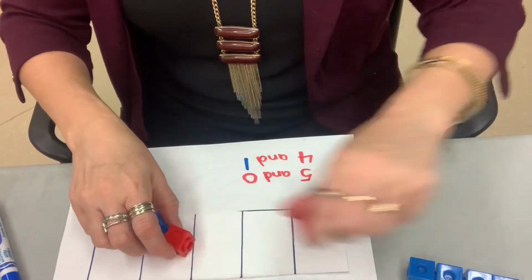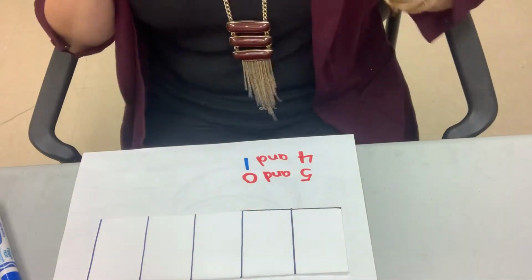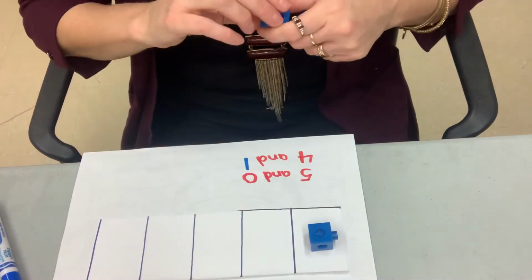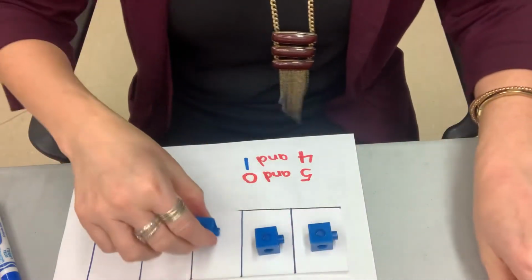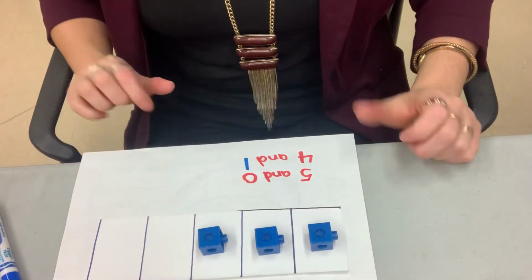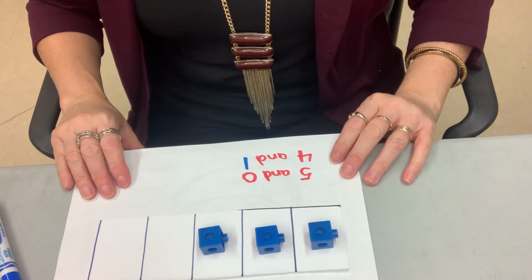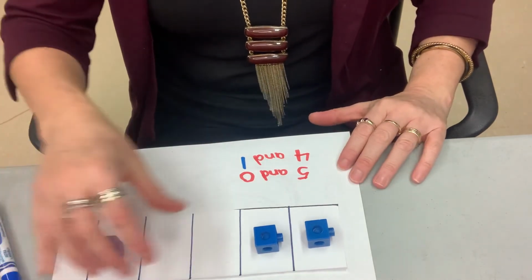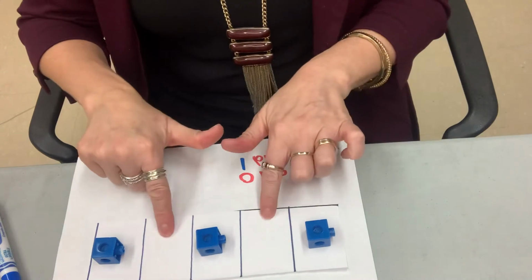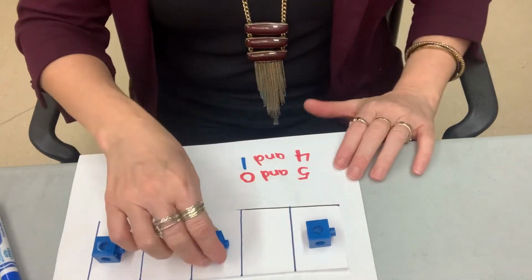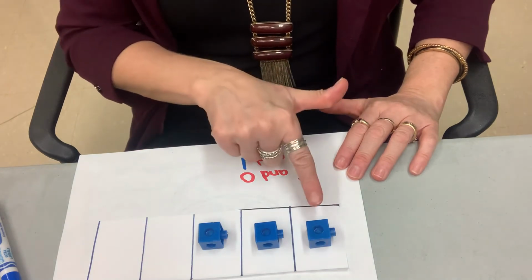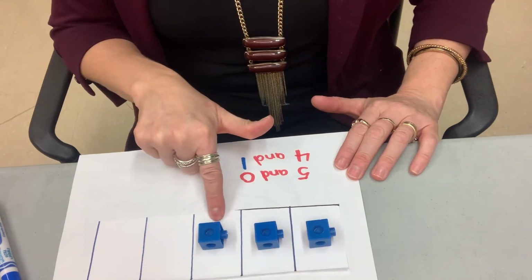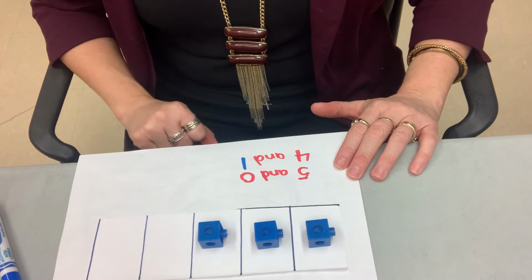So I'm going to use the blue cubes and I'm going to put on 3 blue cubes. 1, 2, 3. Now, when you're using the 5 frame, you can do it like this if you want to, and then fill these in. It's still correct, but it is a lot easier to count when they are in a row. So now I have 1, 2, 3 blue. How many red do I need?